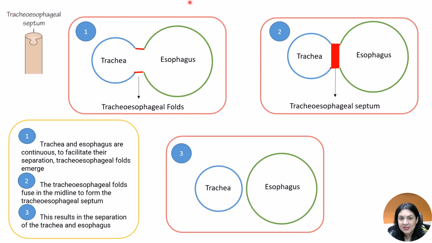And this, going from just folds that move in towards the midline and fuse together, is what gives rise to that tracheoesophageal septum, which is effectively what is separating the trachea from the esophagus, placing the trachea anterior to, or in front of, the esophagus, which again, of course, is an important configuration if you think back to the respiratory and the digestive systems.